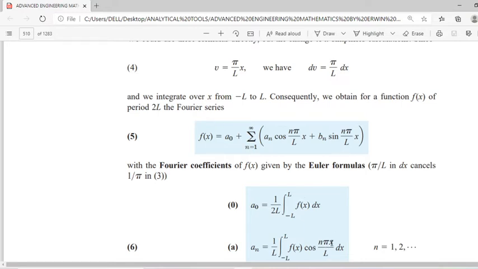Pi by l into x. If we transform like this, the range of integration will be minus l to l.